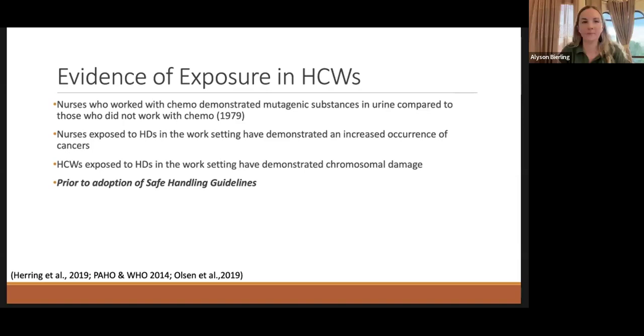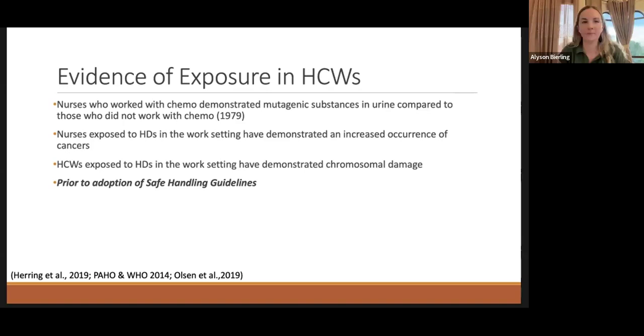Many other studies have shown that nurses exposed to hazardous drugs, such as chemotherapy, in the work setting have demonstrated an increased occurrence of cancers. And other studies have shown that healthcare workers exposed to hazardous drugs in their work setting have demonstrated chromosomal damage. And I want to note that these studies were done before there was an adoption of safe handling guidelines.